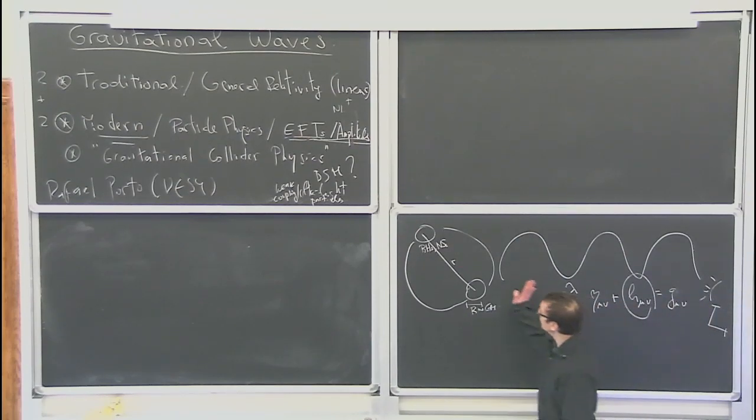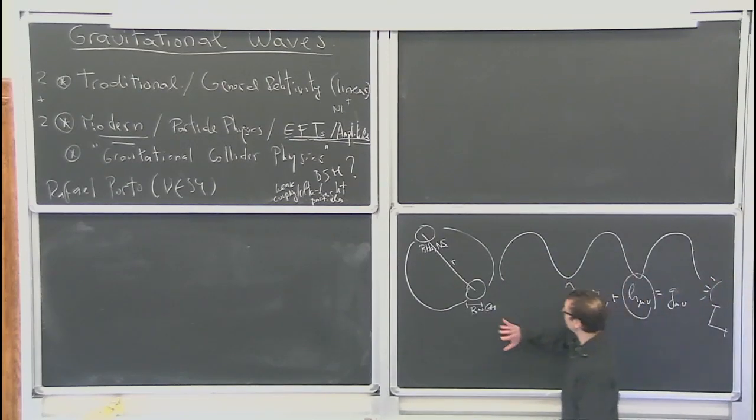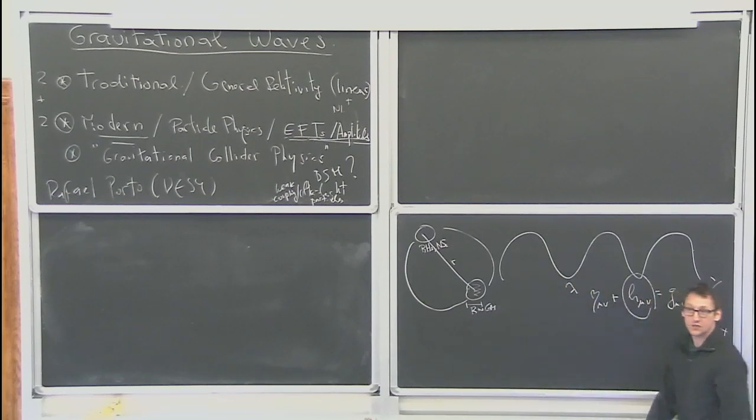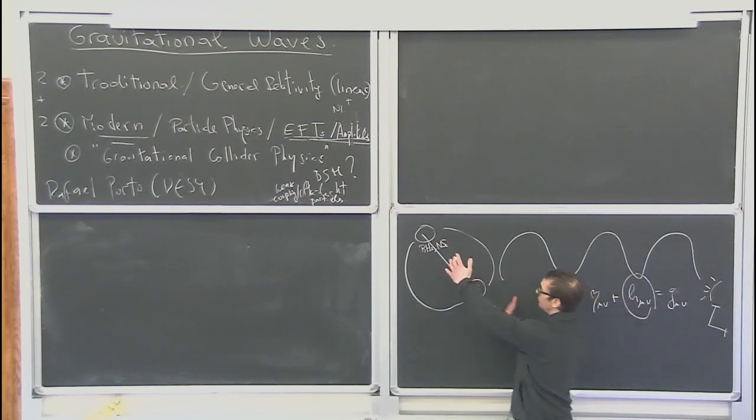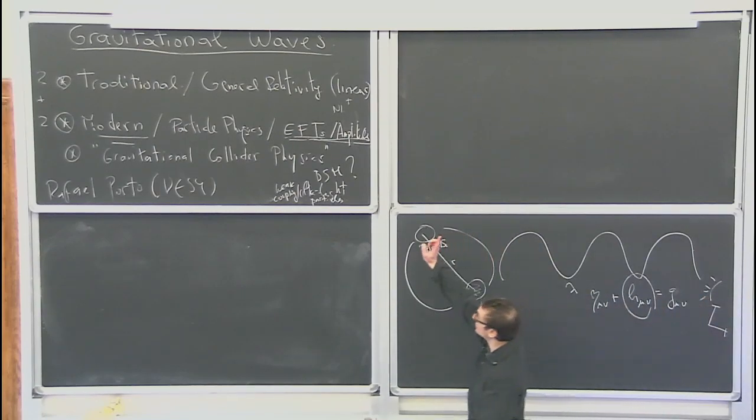Now, as you see here, in full general relativity there are a lot of different scales in the problem. So there are the forces that bind the system together, right? There are the internal dynamics, for example, in a neutron star. And then there is the scale of the gravitational wave emission. So of course, when these guys get very close to each other, general relativity is a fully nonlinear theory.